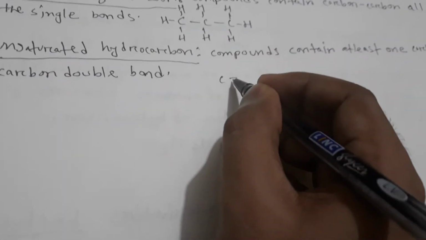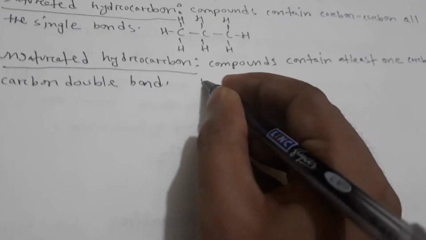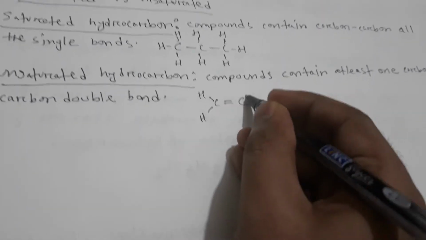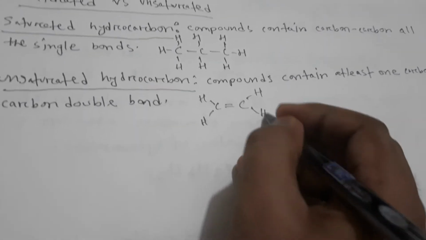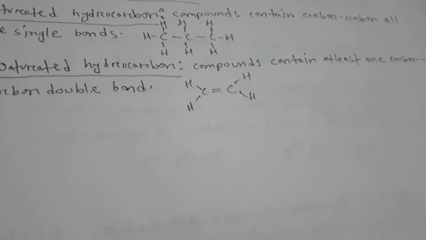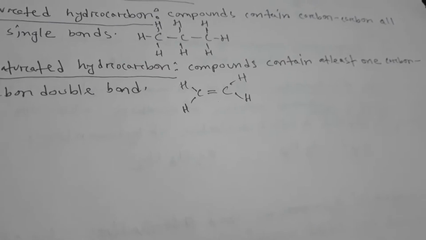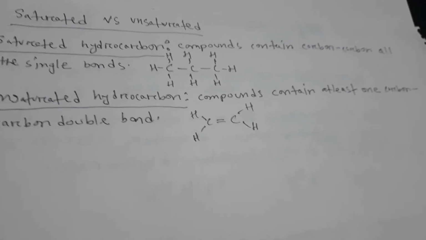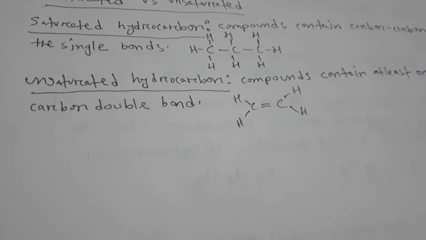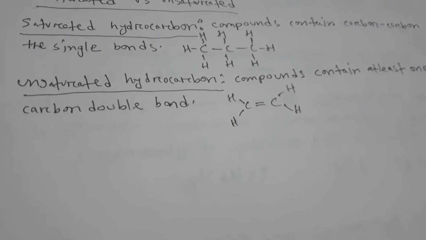Example for unsaturated hydrocarbon: at least one carbon-carbon double bond must be present. Then we can say this is unsaturated hydrocarbon.